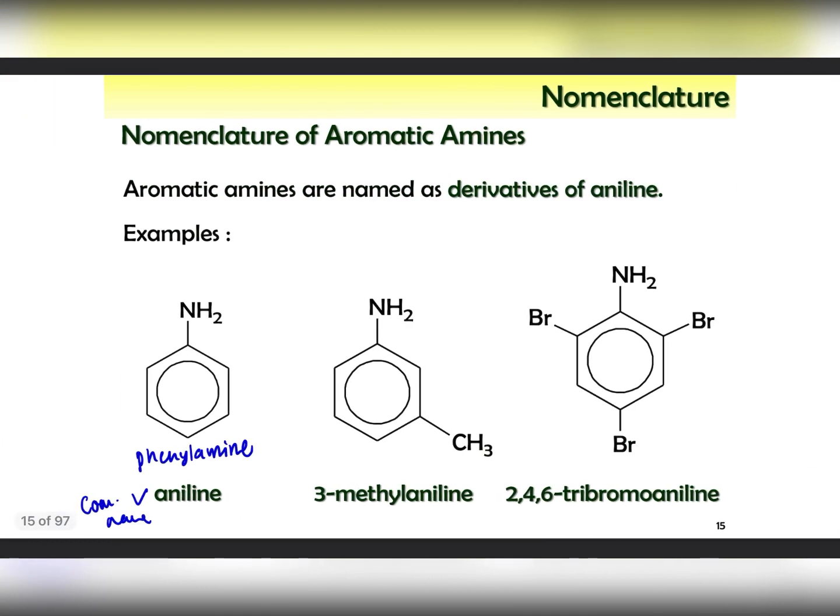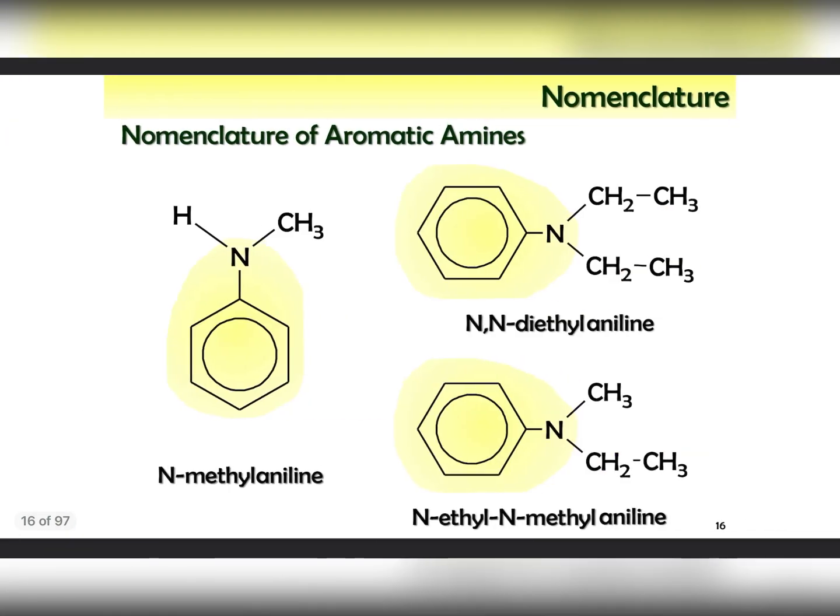Okay, so hydrogen tu kita substitute with something, so we have here N,N-diethyl aniline, because you have 2 ethyl substitute at this nitrogen.